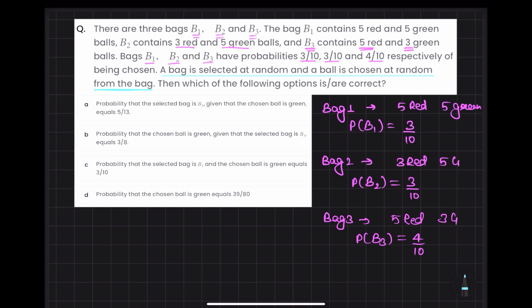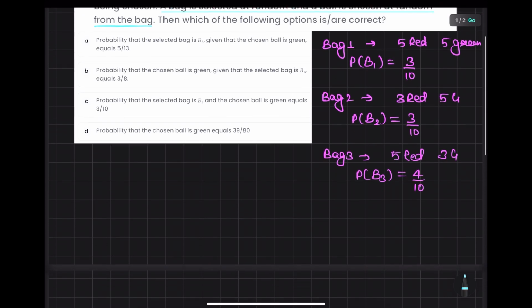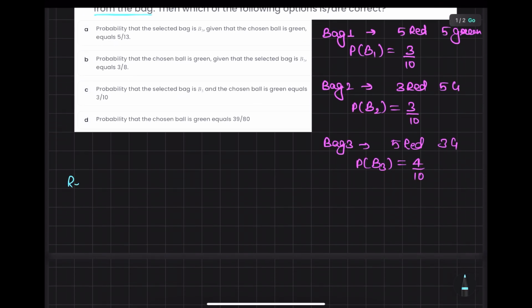Now look at the first question. The probability that the selected bag is B3 given that the chosen ball is green. So after doing this, they are asking you to come back, means go to bag B3. So this means what? We have to take help of Bayes theorem. So the required probability will become: bag B3 given that the ball is green.